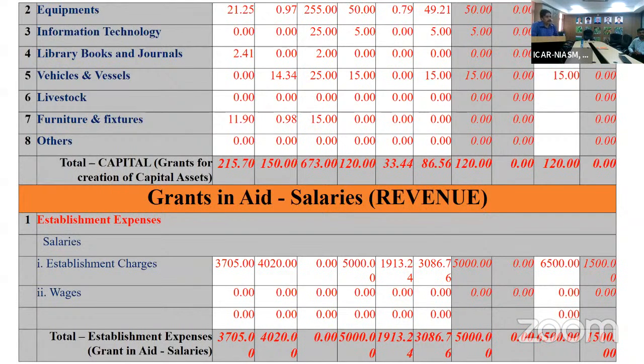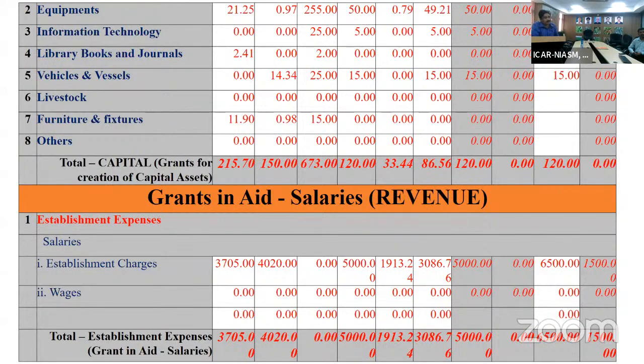What I mean to say is that, whatever breakup is given, your actual expenditure may increase or decrease. Means if 10,000 is given for vehicle, your expenditure may be 9,000 or maybe 11,000. It is permissible. But your total expenditure under the capital head should not be more than the budget allocation.